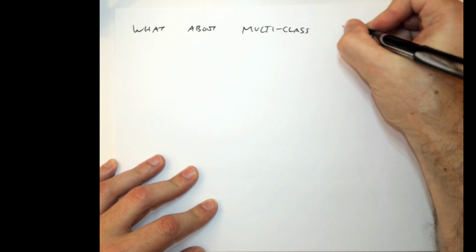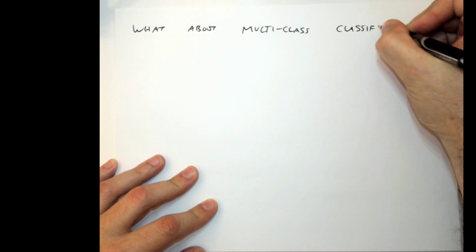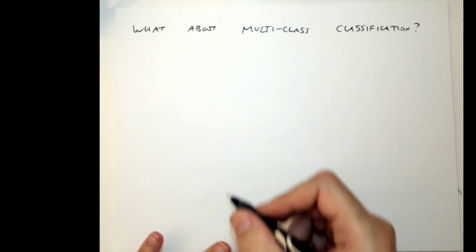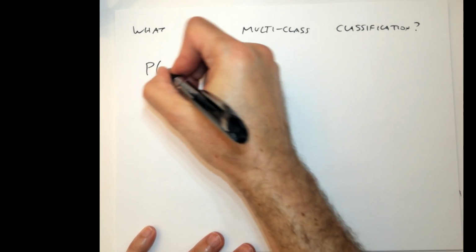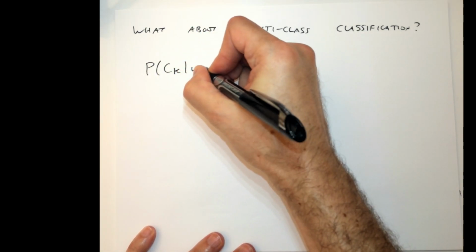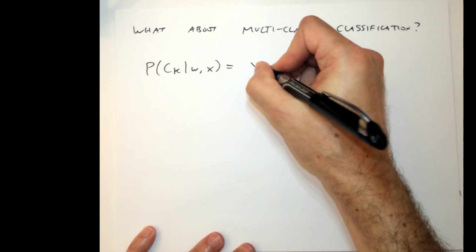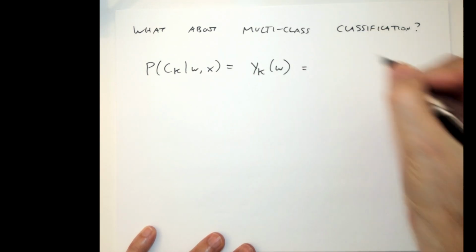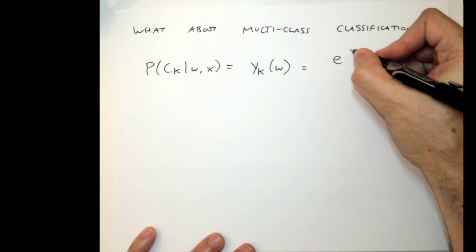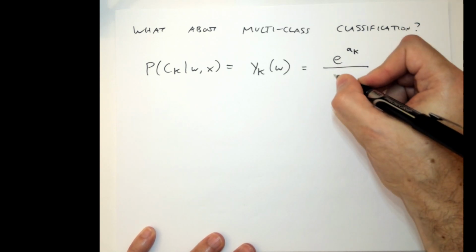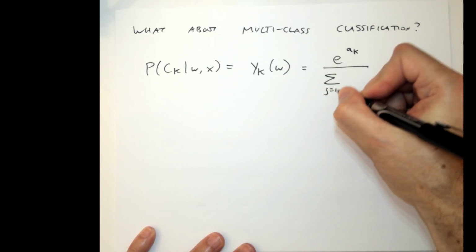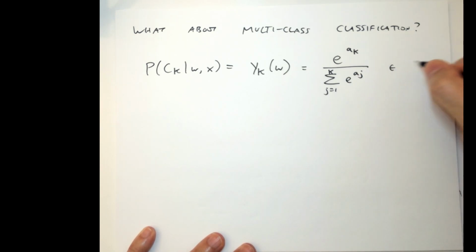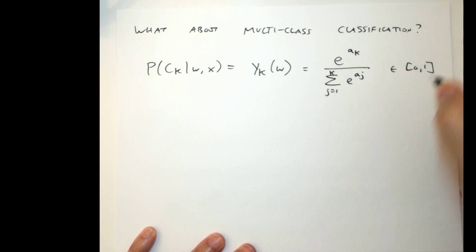Multi-class classification, right? Remember, our setup was that our posterior probability, which we're going to call yk, is equal to this softmax function. This number, again, is between 0 and 1.